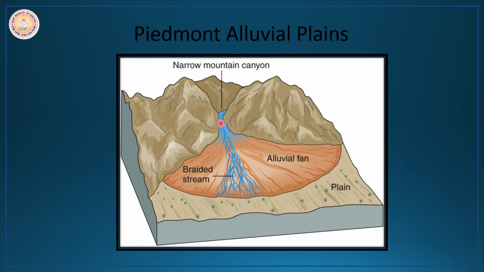Now these alluvial fans form a Piedmont alluvial plain. Many such alluvial fans can join together and form a Piedmont alluvial plain. In India, it is known as the Bhabbar, which is found along the foothills of the Himalayas.